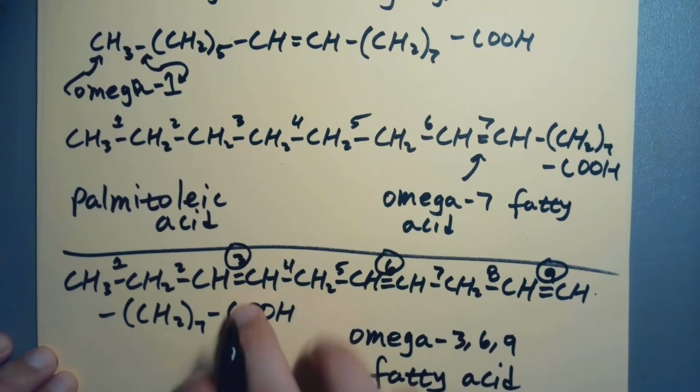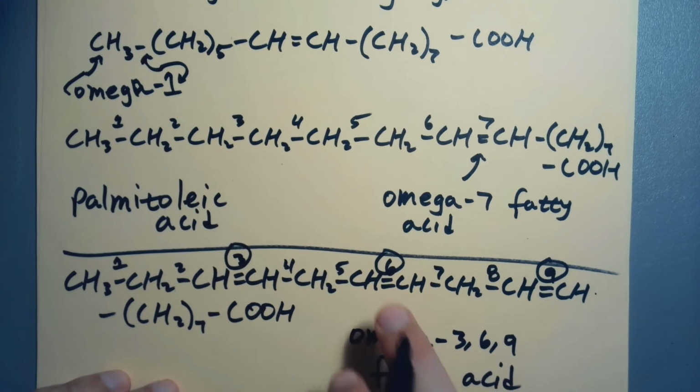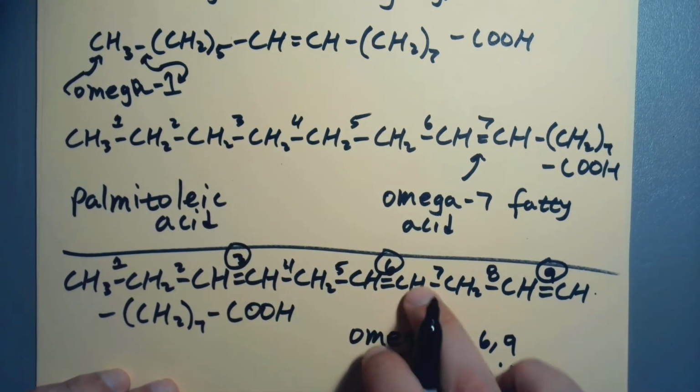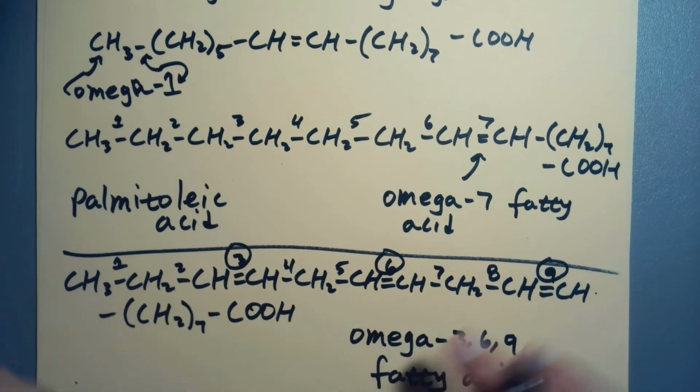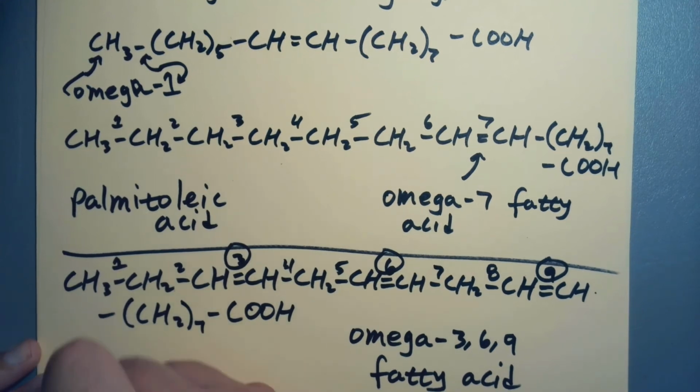And so omega 3s are really important for dietary reasons, which I'll talk about in a little bit. And so are omega 6s. And so this is why it's so popular for supplements, because it actually knocks out two needs in one. So it's an omega 3 and an omega 6. So what was this? This was linolenic.